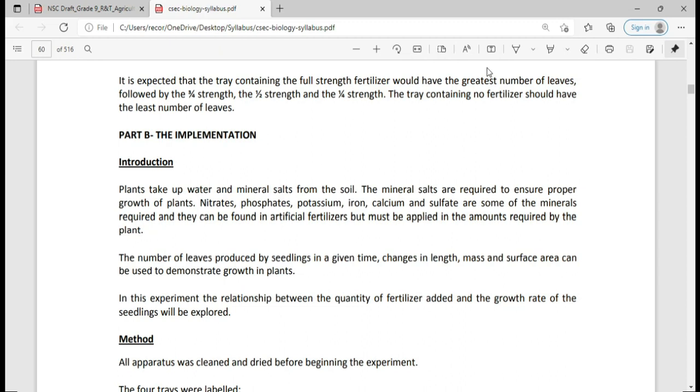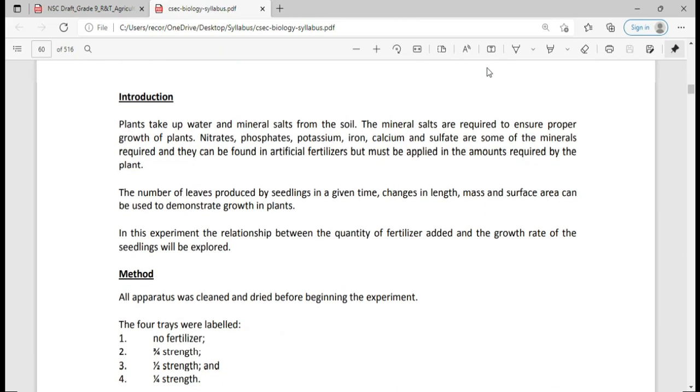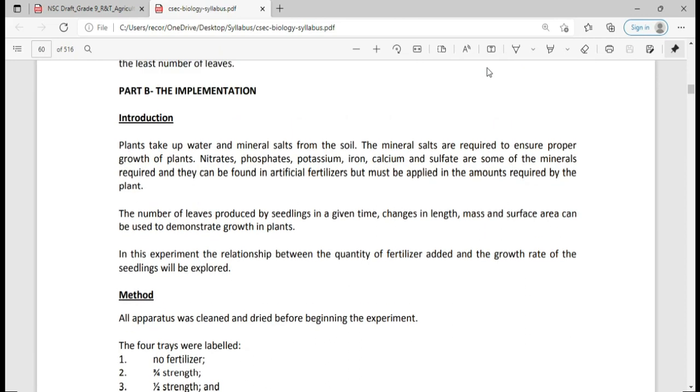So that pretty much completes the planning and design or the proposal. Now we are going to implement it. So now we're going to be looking at part B, the implementation. Here we go. Plants take up water and mineral salts from the soil. This is your introduction or the background knowledge. The mineral salts are required to ensure proper growth of plants.